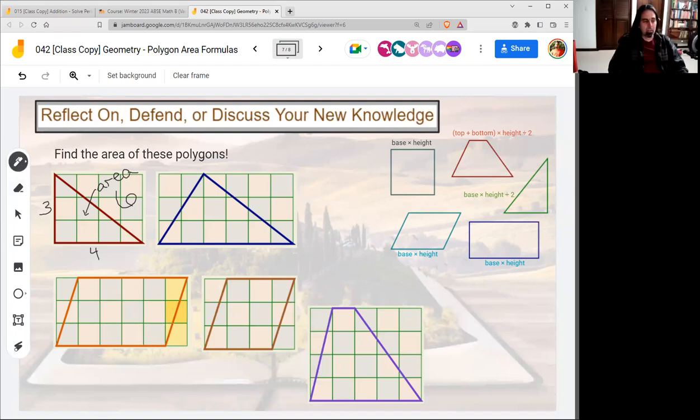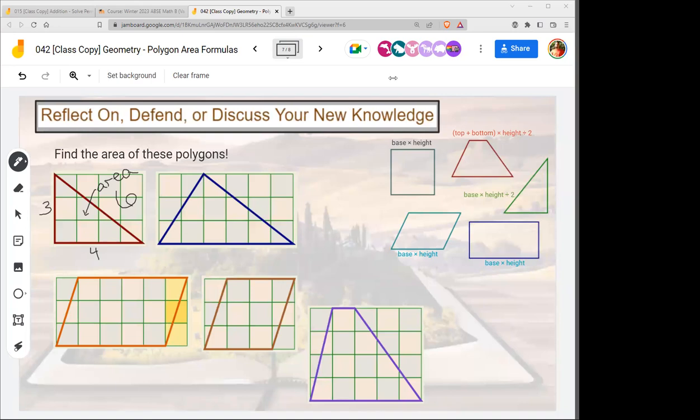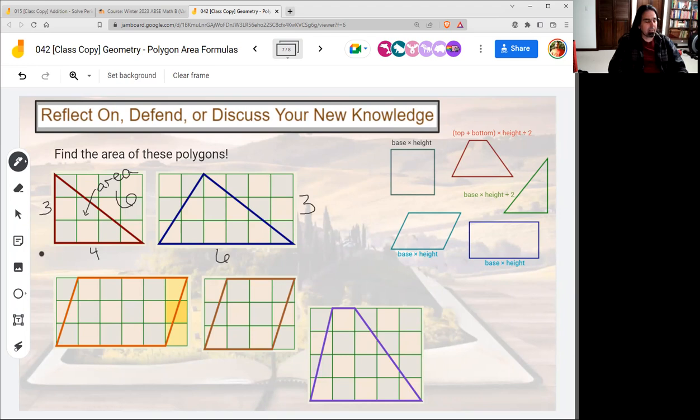Okay, somebody talk through the blue triangle. The height is 3. And then the bottom is 6. Yes.